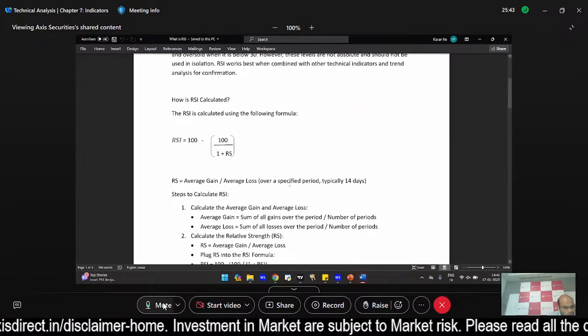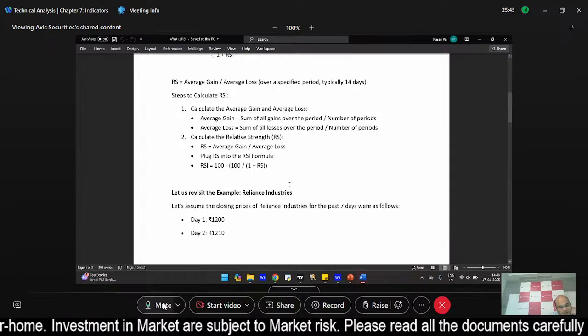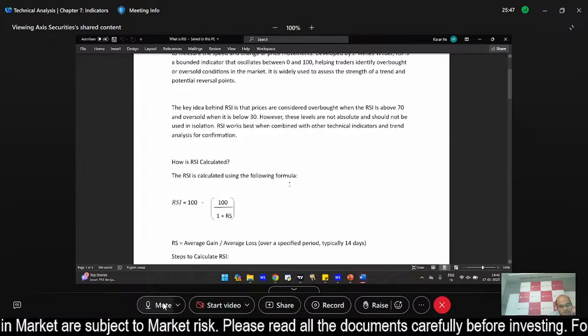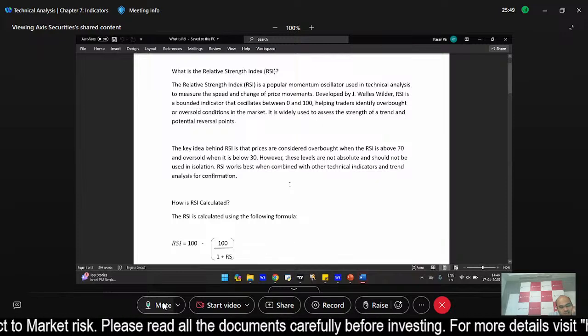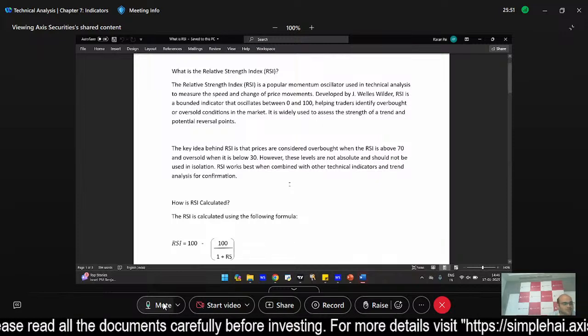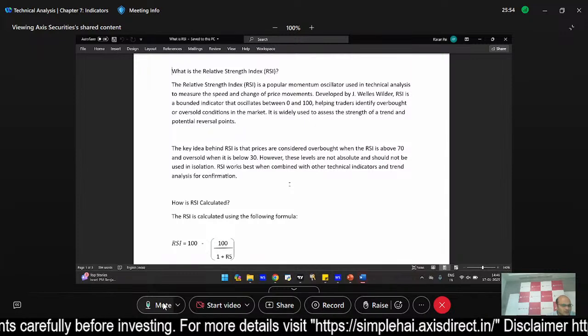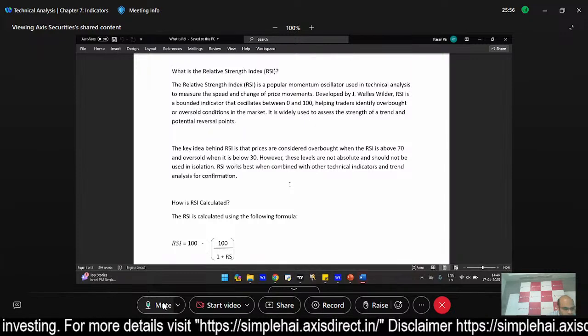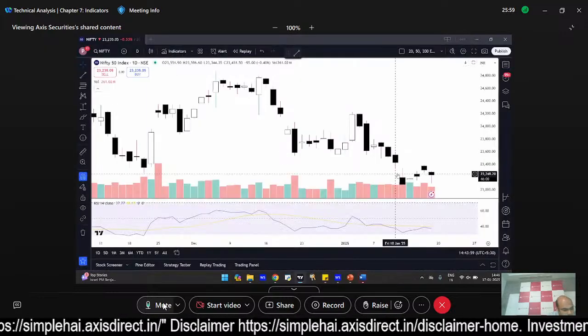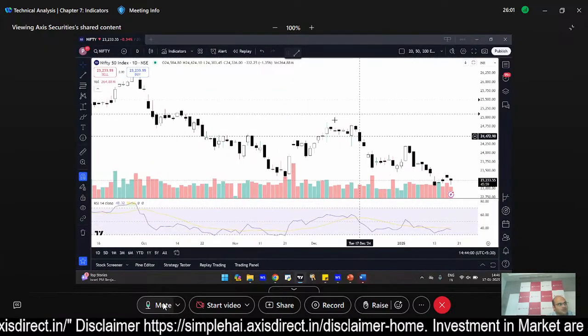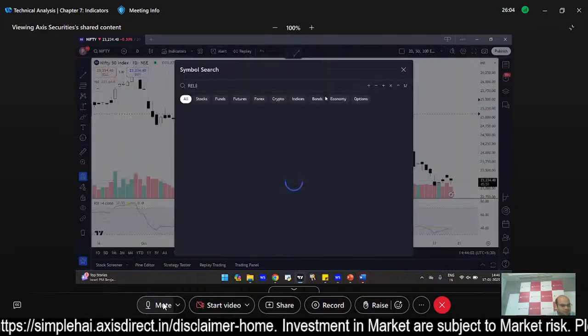If you have gone through the Concept of the Day that we have explained, can you tell me what RSI basically does? Now because we have explained the concept in pretty fair enough detail, we'll be quickly going on to the practical examples. So I will show you on the charts, and we'll switch to something like Reliance Industries.